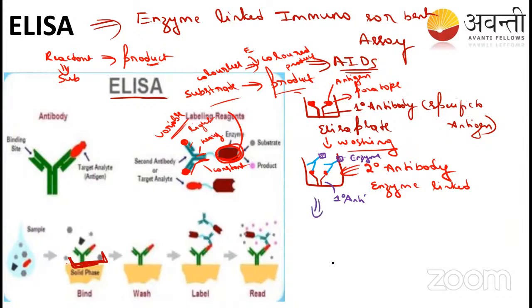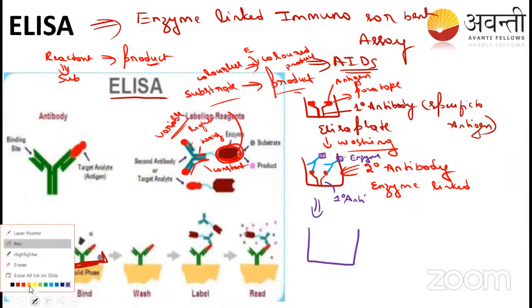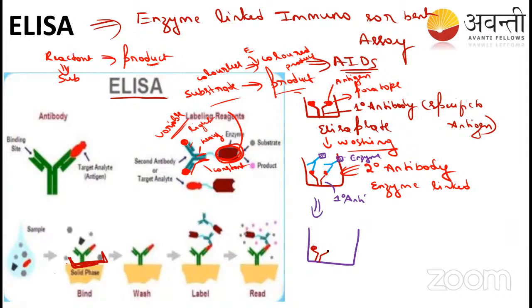So now what will happen? For this, I am going to add the substrate. See here, this is the antibody. This is the antigen we have added. Here we have added the secondary antibody, right? This secondary antibody has the enzyme here.